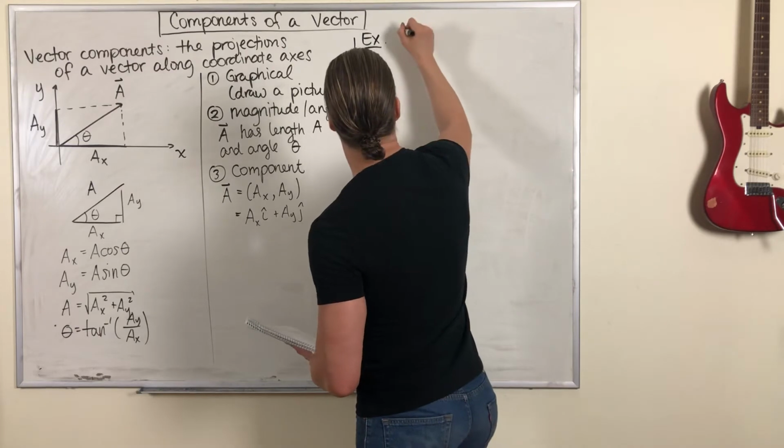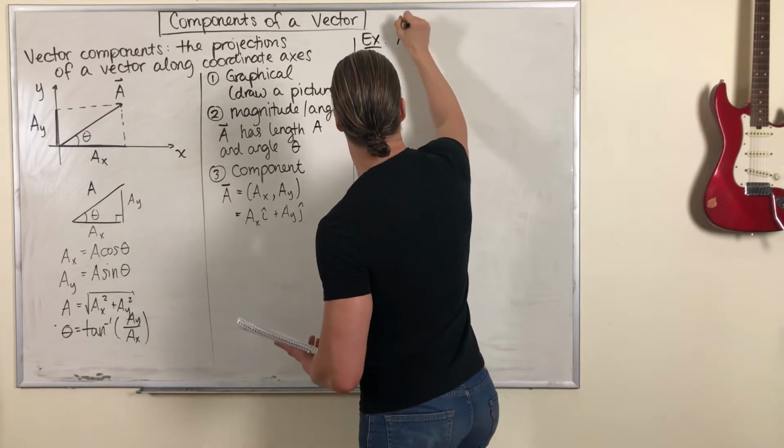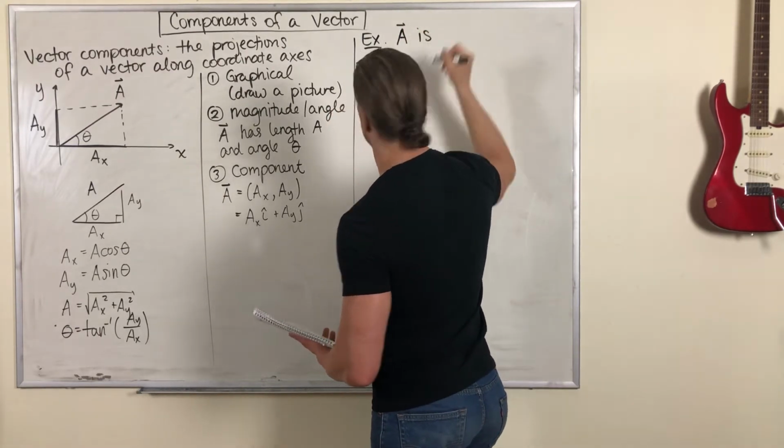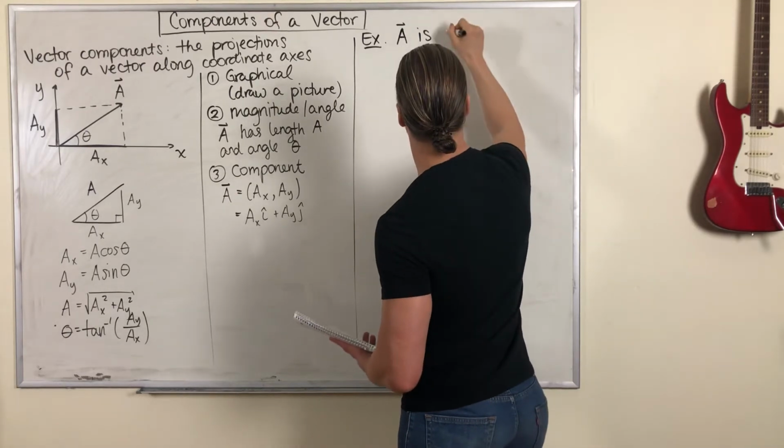Let's say vector A is given in magnitude angle form.